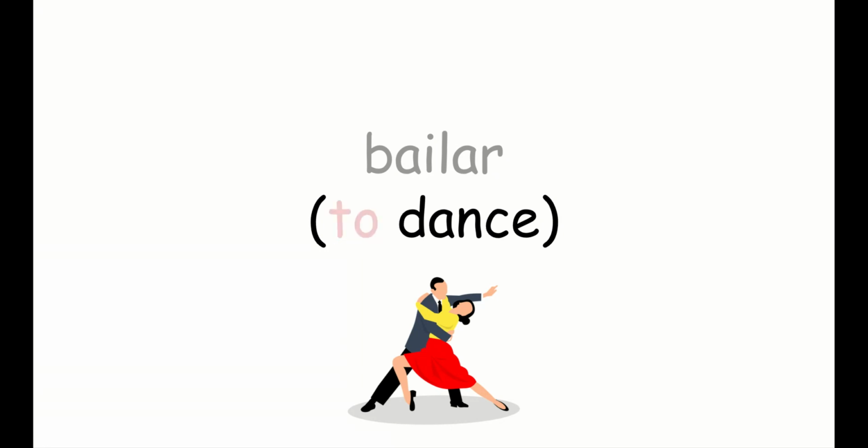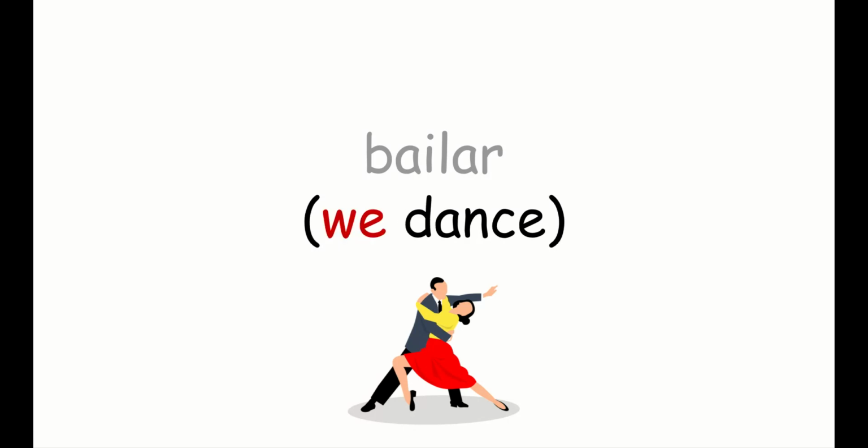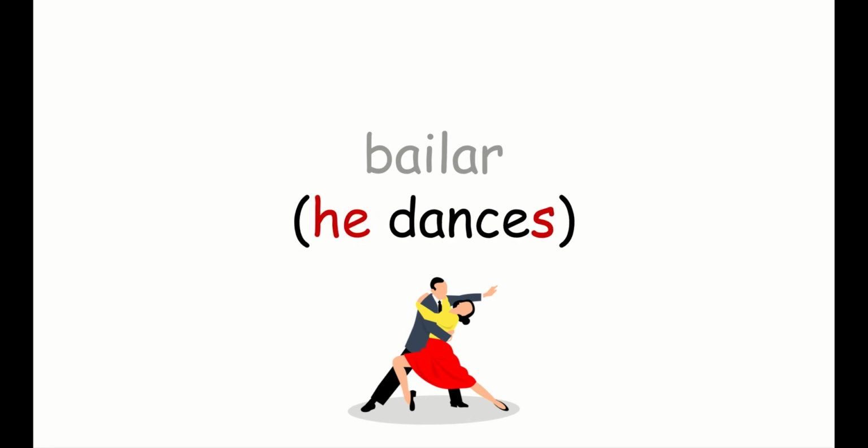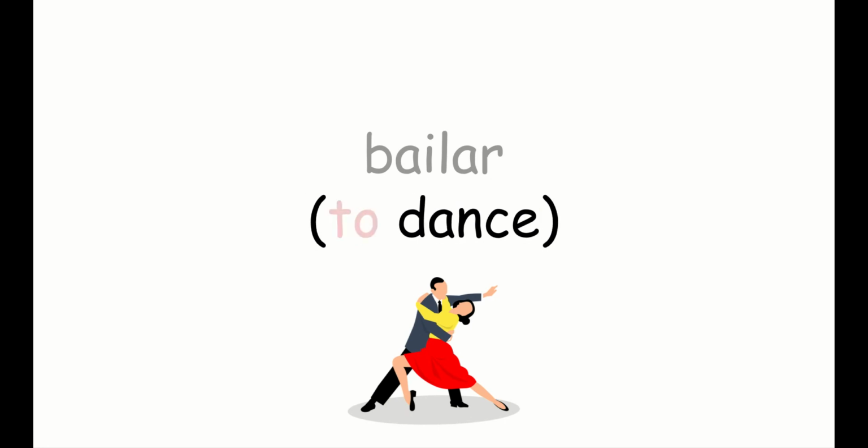In English, there's a lot of different people we can say dance. We can say we dance. You can say he dances. You can say you dance or they dance. Lots of different options. But the question is, how do you do this in Spanish?